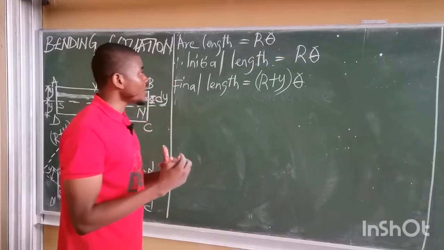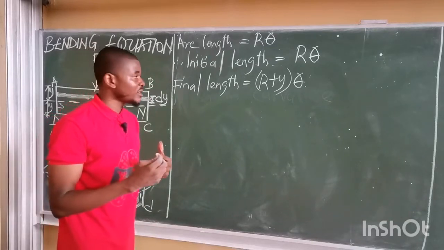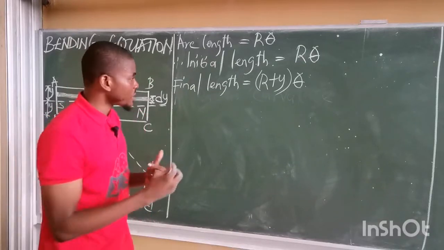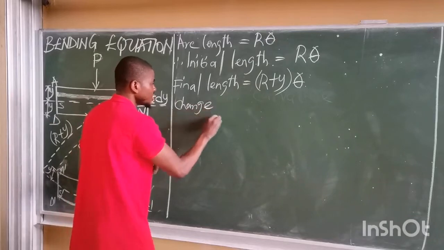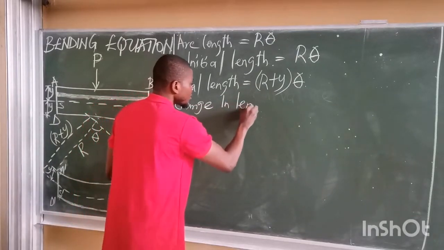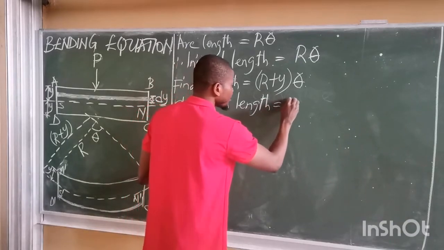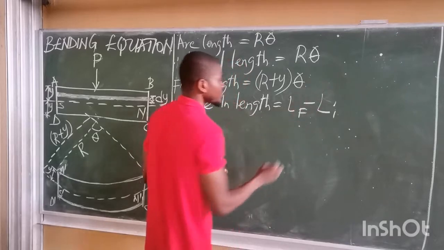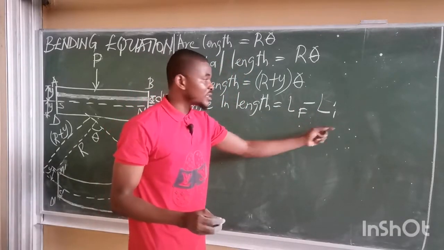All right, so if you have this now, it means we can obtain the change in length, because we have the final length, we have also the initial length. So we can actually obtain change in length. Change in length is simply equal to the final length, let's simply use Lf, minus initial length Li, where Lf stands for final length, Li stands for initial length.